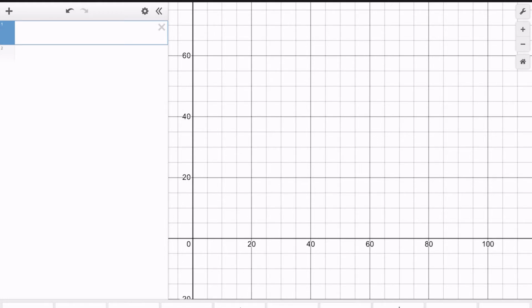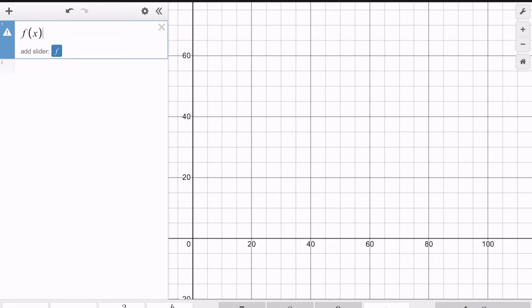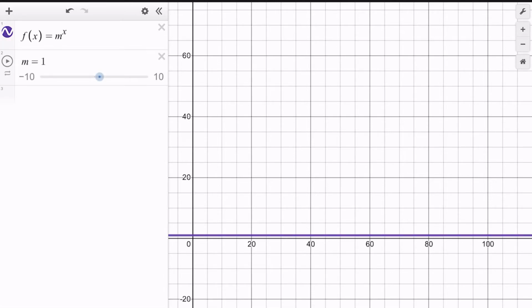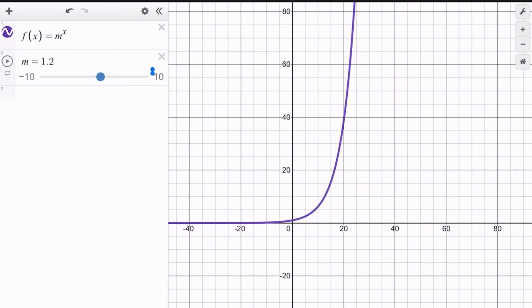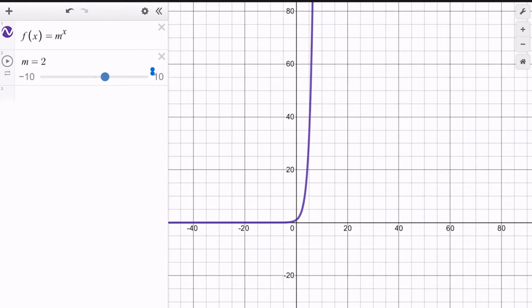I'm going to have f of x equals a varying base, m, to the exponent x, and we're going to change the value of m. In our question here, we had m equals 2.